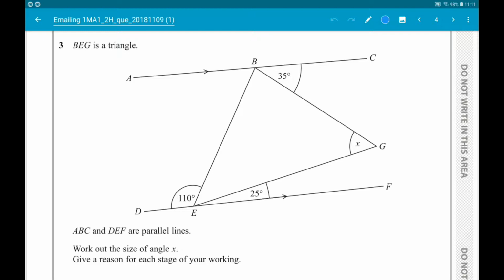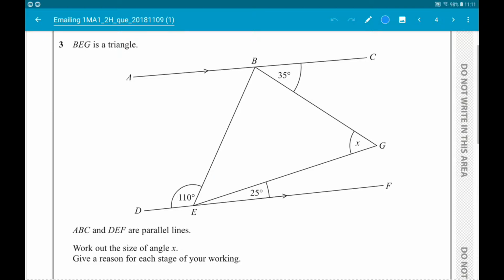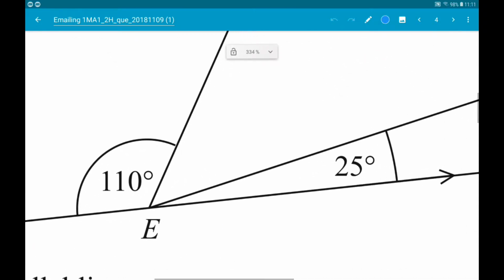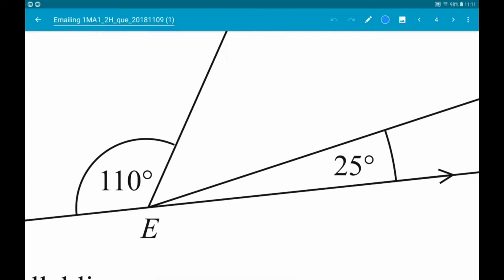Okay, so if we start down here, we know that this 110 degree angle and the 25 degree angle and the blue angle lie on a straight line, so they have to add together to 180.